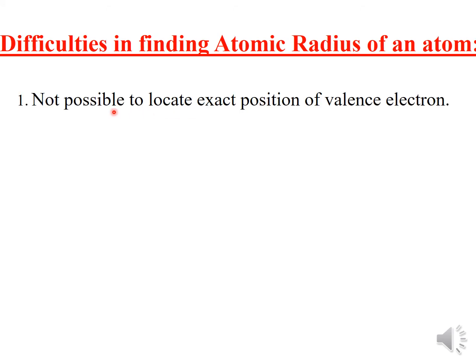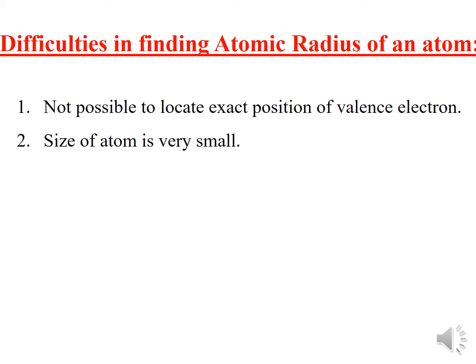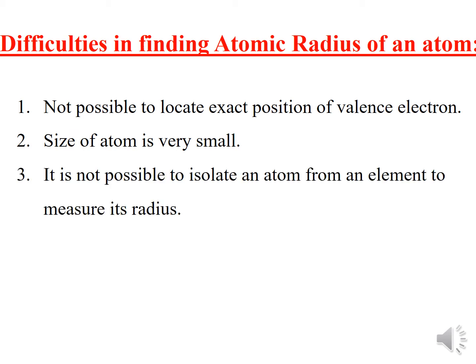First, as we have already explained, the electron is a wave, so it is not possible to locate the exact position of a valence electron. Secondly, we know the size of an atom is very small, so it is difficult to isolate a single atom. It is not possible to isolate an atom from an element to measure its radius.